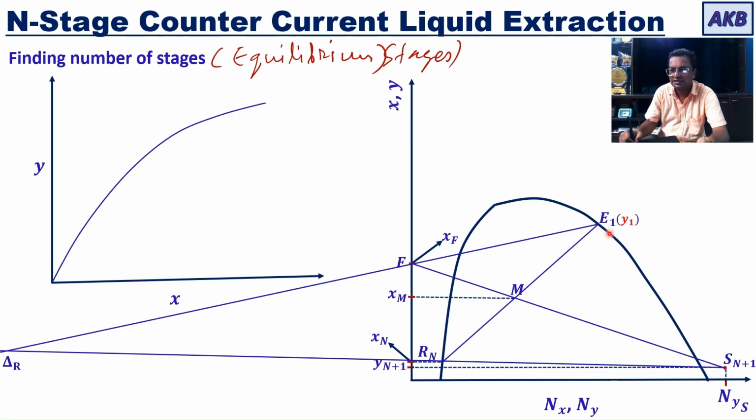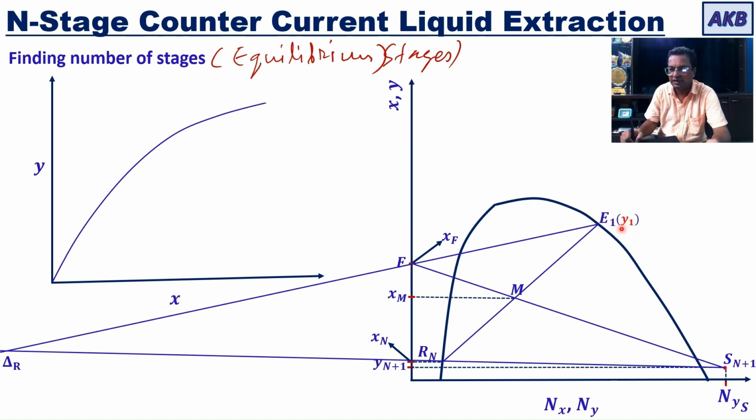First, now I have got point E1. I will read its y coordinate, and the y coordinate that I get for point E1, let me call it small y1.